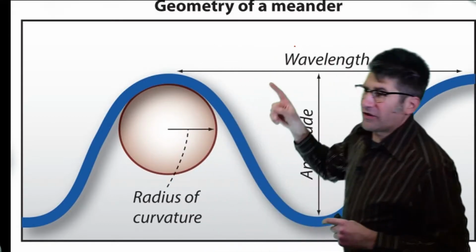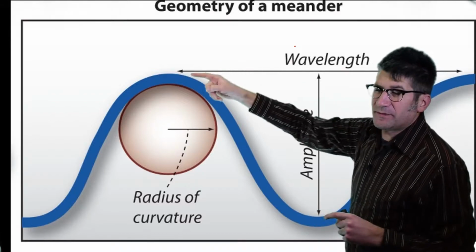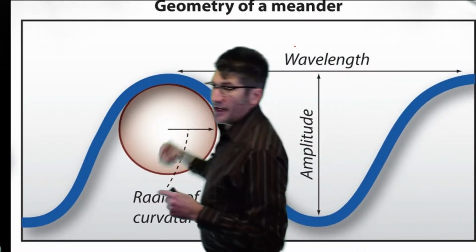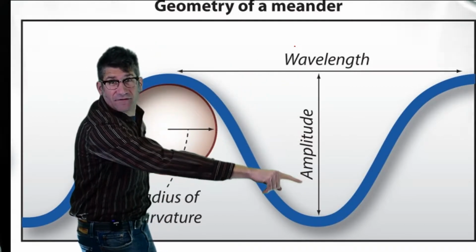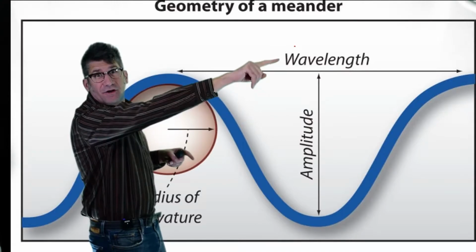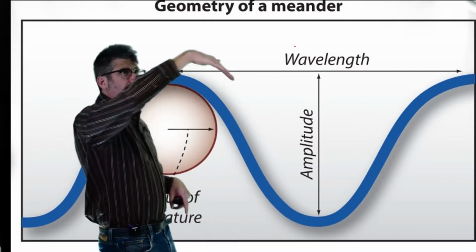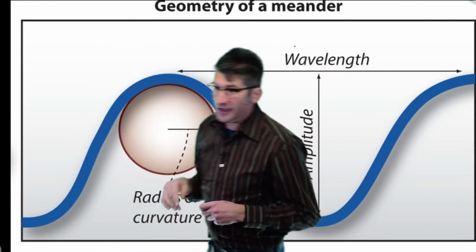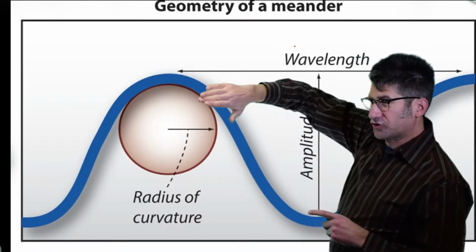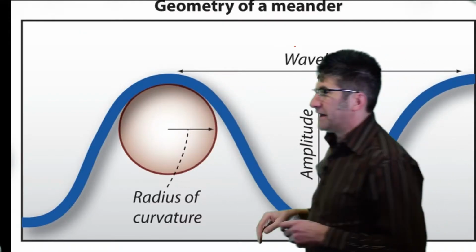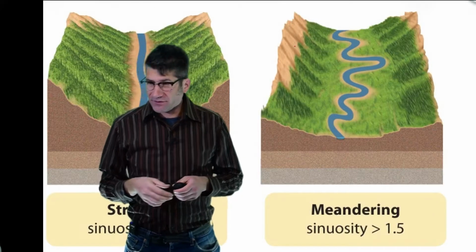Two things we'll talk about are the wavelength, so we'll measure the wavelength between meanders as it goes across the valley, and the amplitude of the wave. So are those meanders going all the way across the valley, or are they pinned to one side of the valley? Another thing we can measure is the radius of curvature, how curved are these meander bends. We'll use those to characterize these different types of channels.